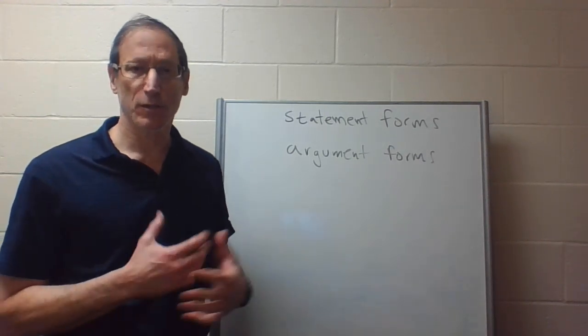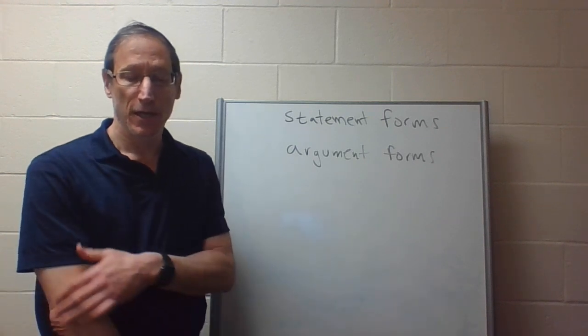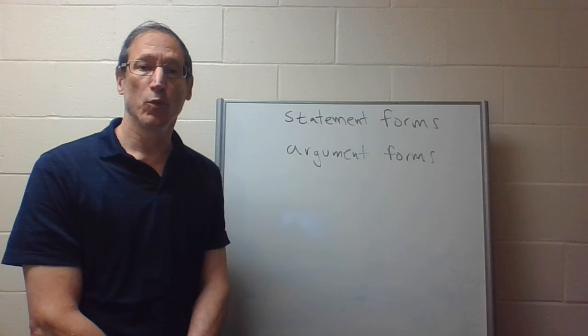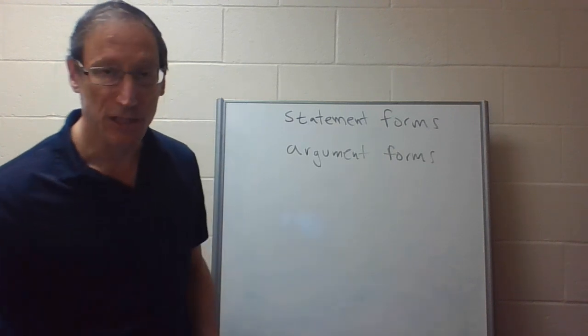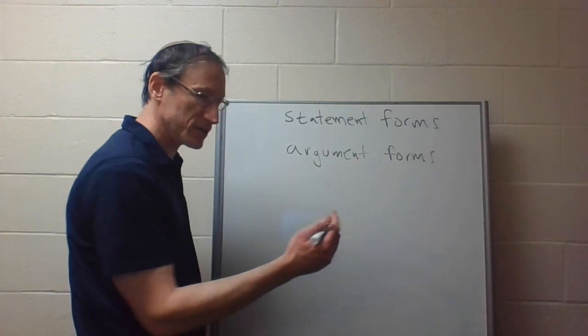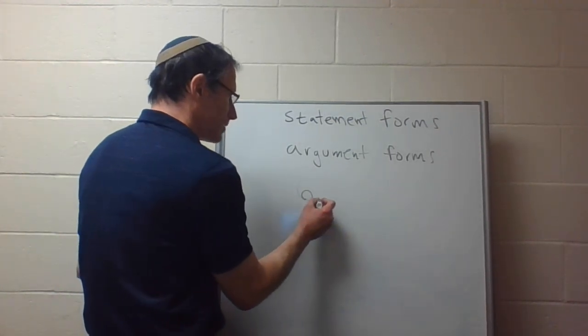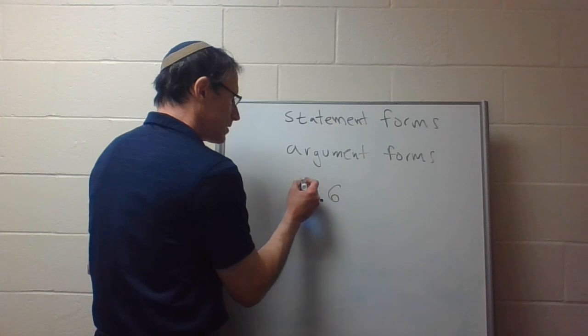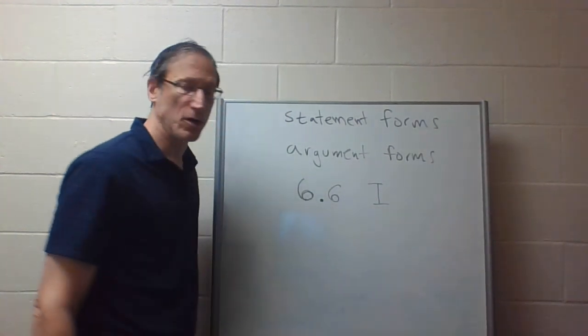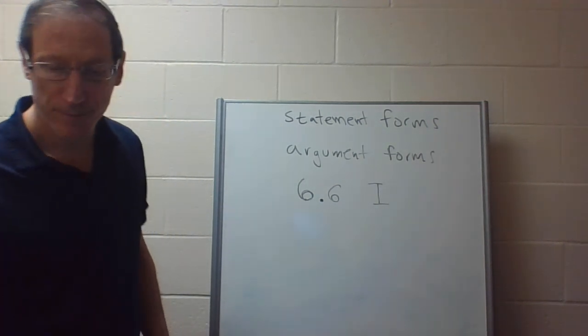All of these things I will try to explain here, and your homework is going to be just to do Roman numeral 1 at the end of 6.6. So that is the homework for unit 6.6. All of the examples in Roman numeral 1.